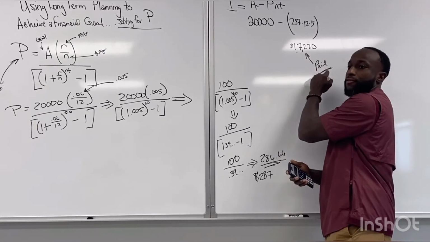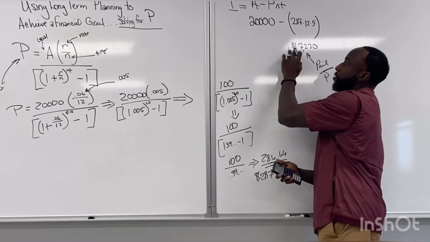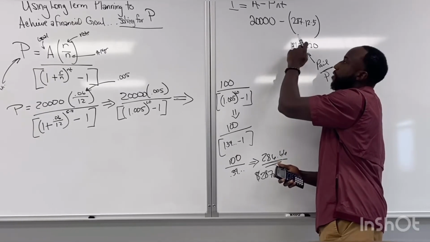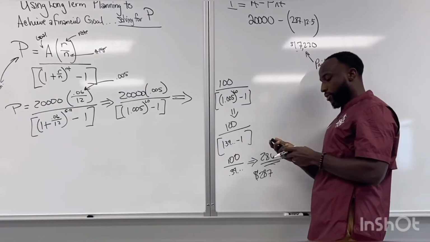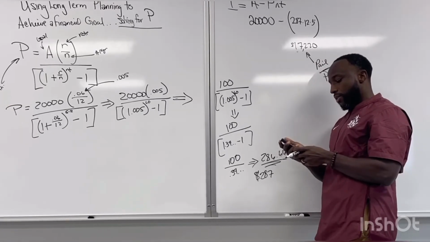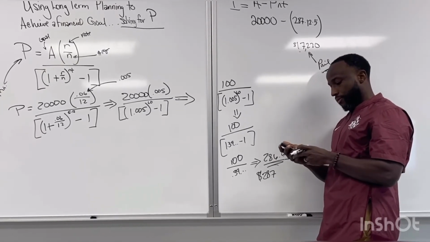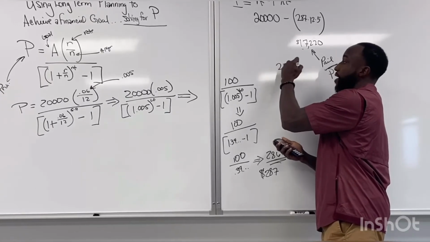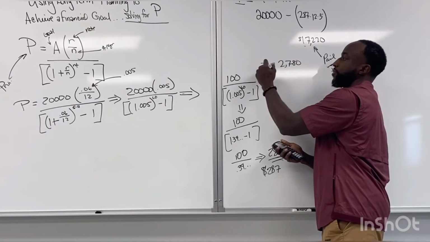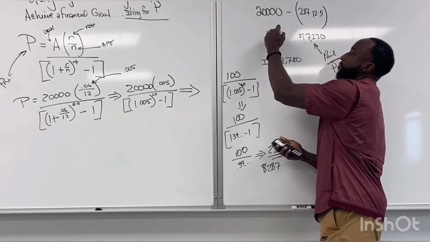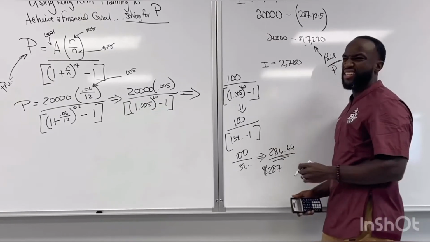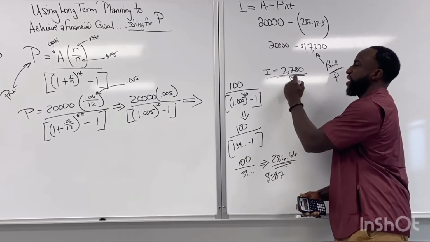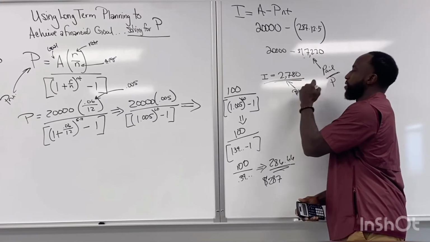That came from our principal. And when you subtract this from 20,000, you get how much the bank paid, which is 2,780. This is how much interest was. So this is how much the bank paid, and this is how much we paid.